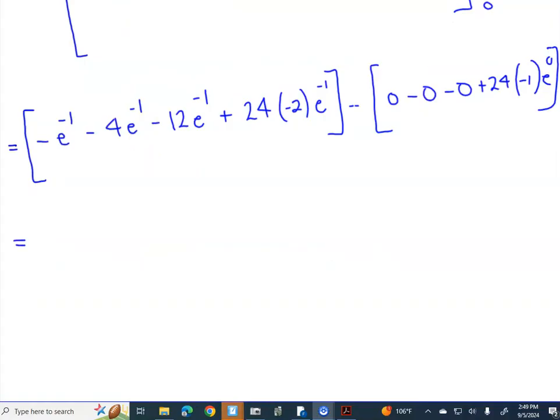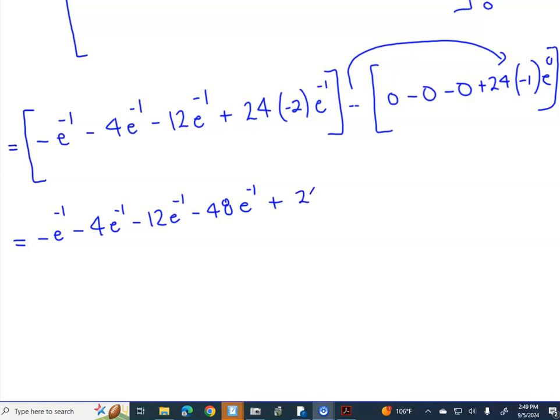Okay, so let's go ahead and do this. We got negative e to the negative 1 minus 4e to the negative 1 minus 12e to the negative 1 minus 48e to the negative 1. Distribute the sign to that, which makes that plus 24e to the 0.